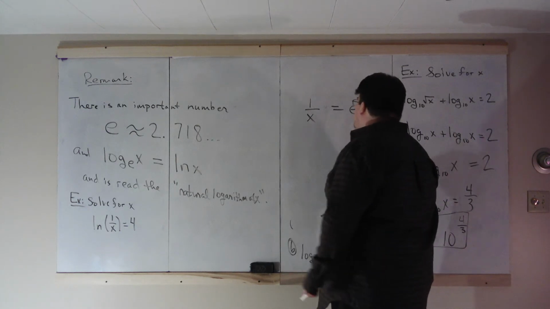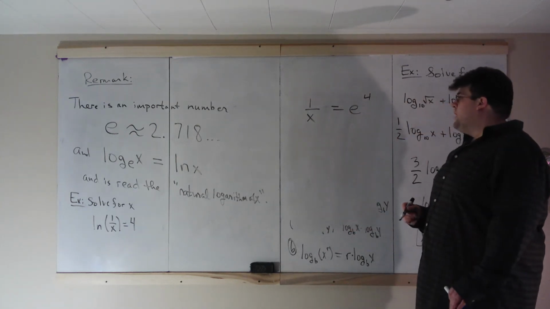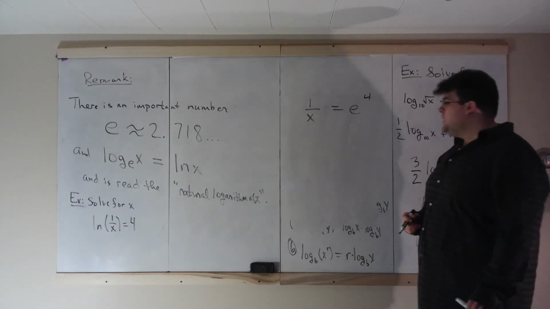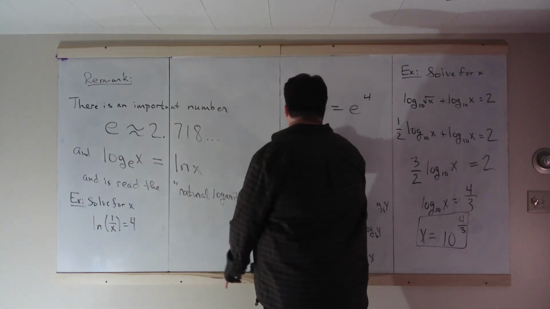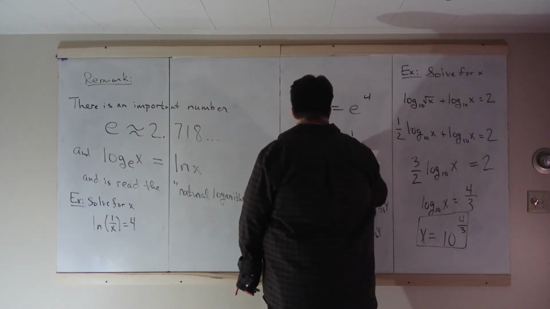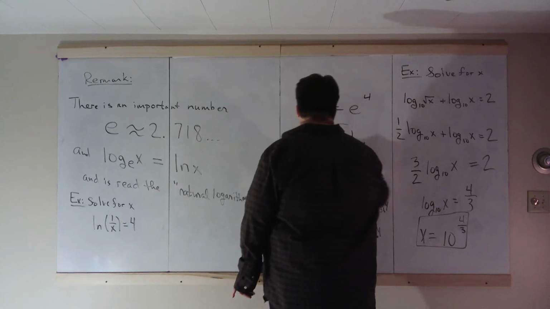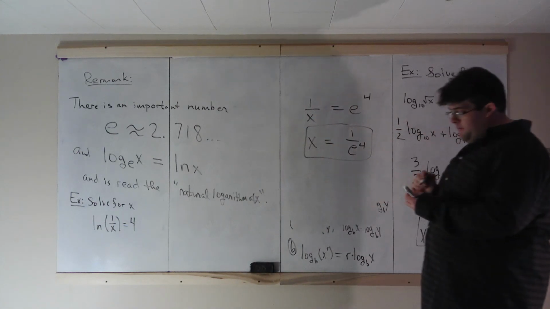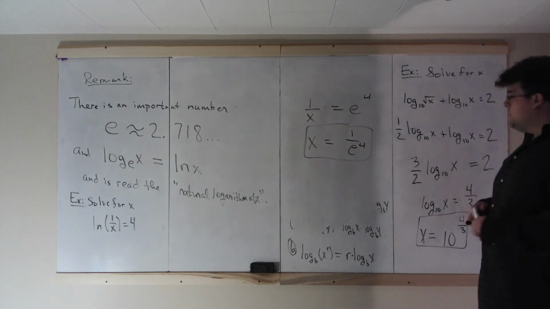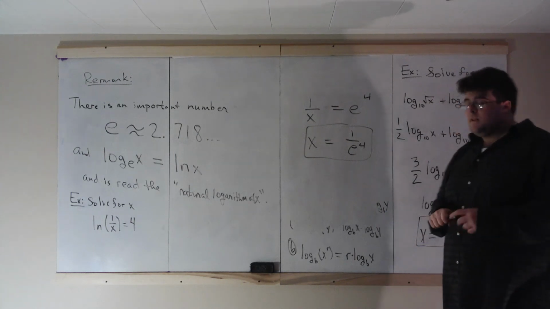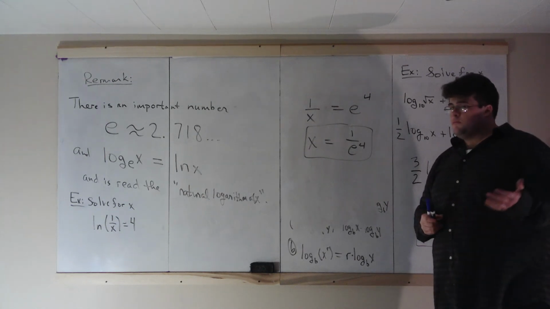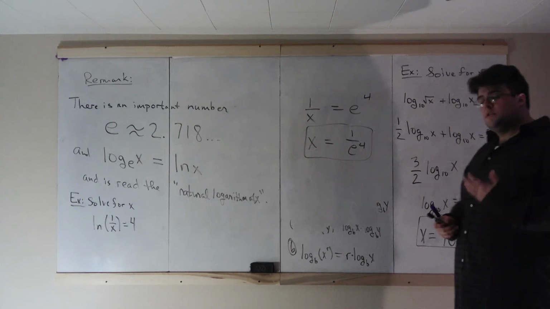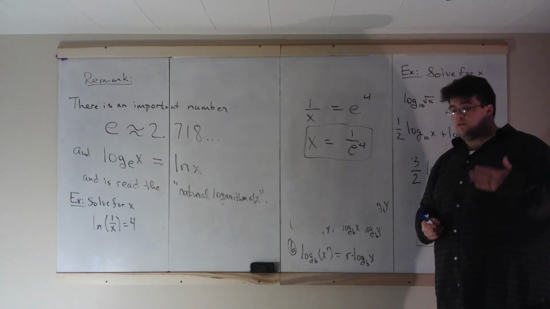And then you just need to solve this for x. You could multiply by x, divide by e to the 4th, or you can just flip both sides around. Either way, you get x equals 1 over e to the 4th, or you could say e to the negative 4th. It doesn't matter. But these logarithm properties we will use a few times throughout the semester, so they are definitely worth getting used to.